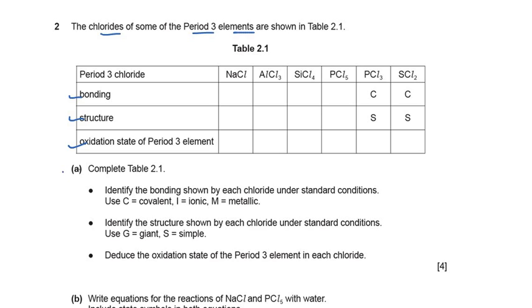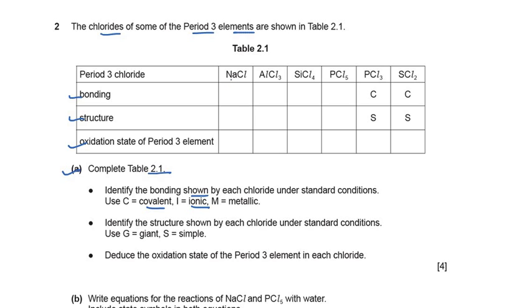Sub-question A: complete table 2.1. Identify the bonding shown by each chloride under standard conditions. Use C for covalent, I for ionic, and M for metallic.